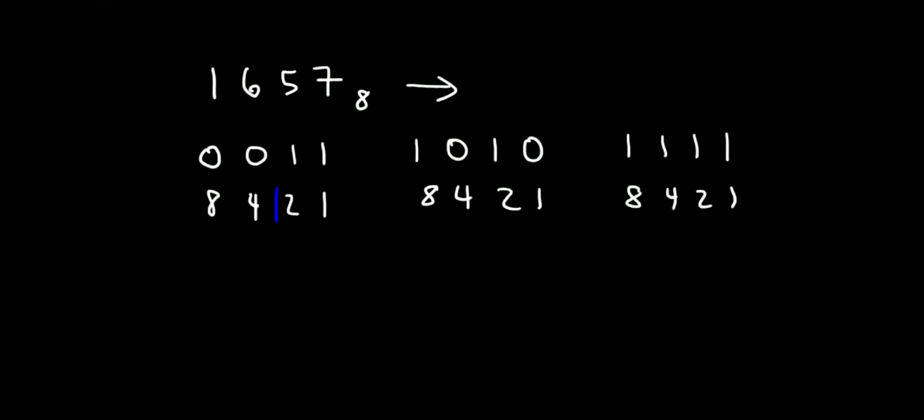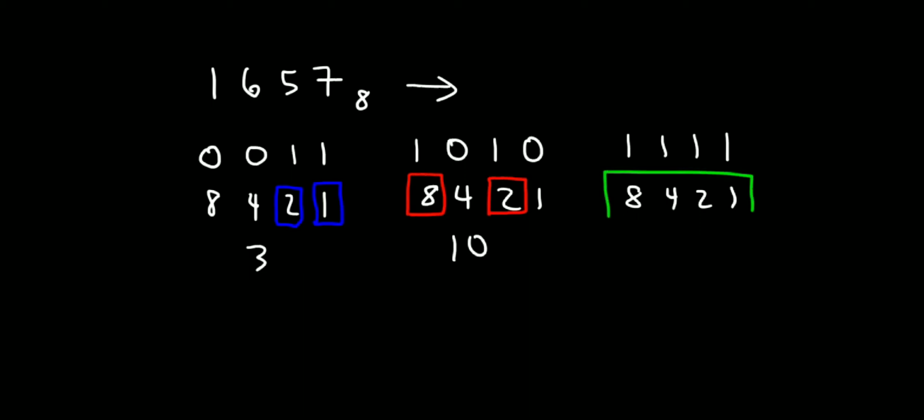Now take the numbers which are with 1. So 2 and 1, it is 3. Now in the next, this is 8 and 2. So 8 and 2 add, then 10. Now all the numbers are with 1, so add all these numbers. This is 16.